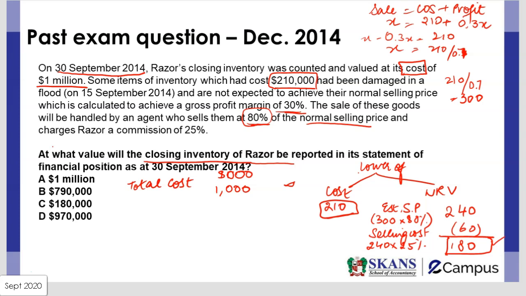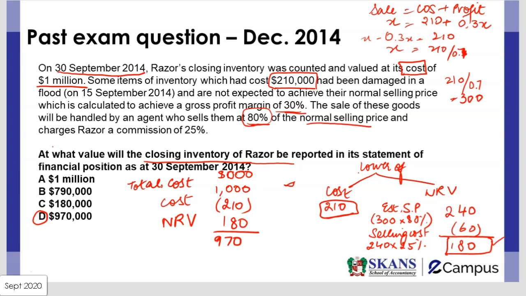Already the item has been included in this cost at 210. So what we need to do over here is we should remove the item at its cost and add it back on its NRV. This will give us the final figure of our answer, which is 970,000. This is a longer method.